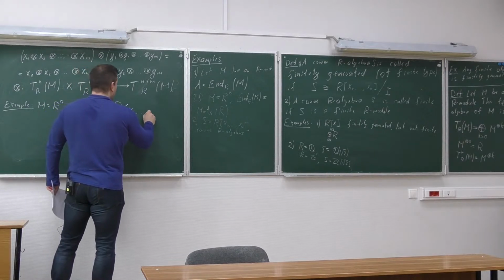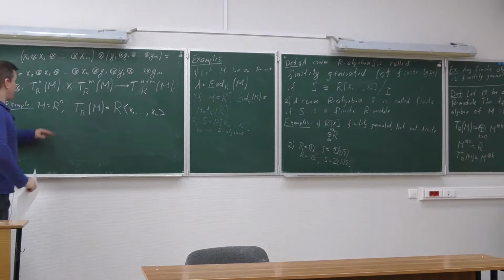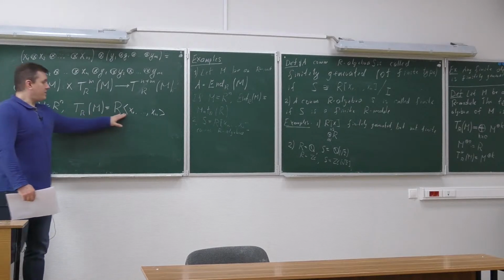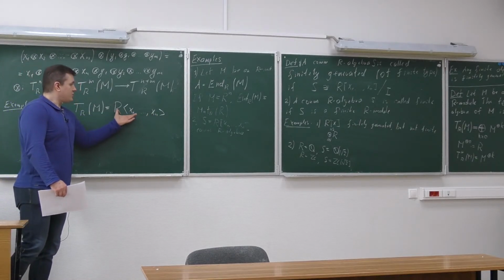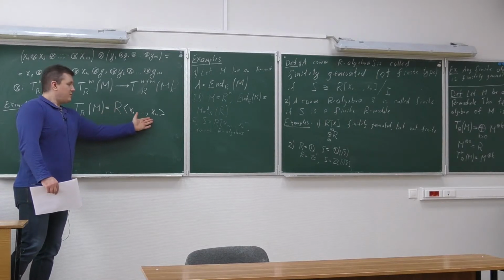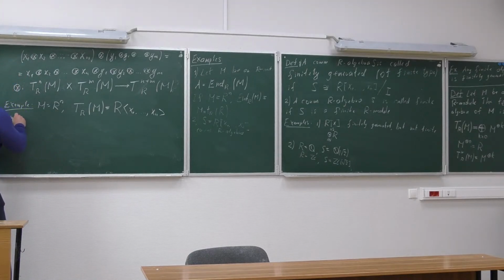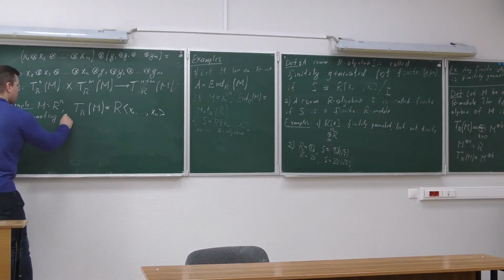I use as many variables as I have elements in the basis here. Essentially the basis of this module gives the generators of the algebra, but I use different parentheses, these angle brackets, and this just means that I consider this as a polynomial ring in these variables, but the polynomial ring is not commutative. So these are non-commuting polynomials.